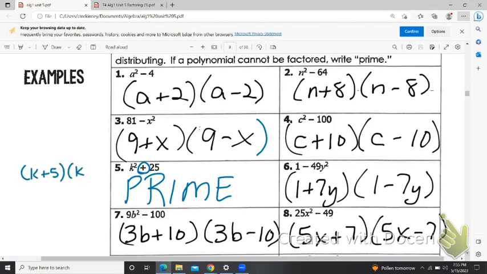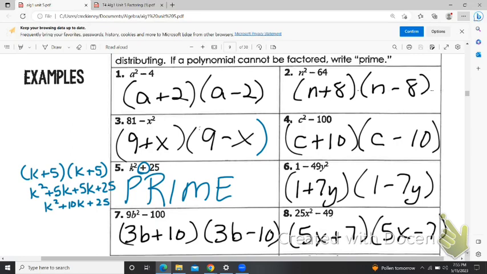But if you had this and you distributed it, you would end up with 5k and another 5k, and then they don't cancel out, and there would be 10k, that double combo in the middle. There is no middle term. It's just k squared plus 25. So that cannot be factored, number 5 there.